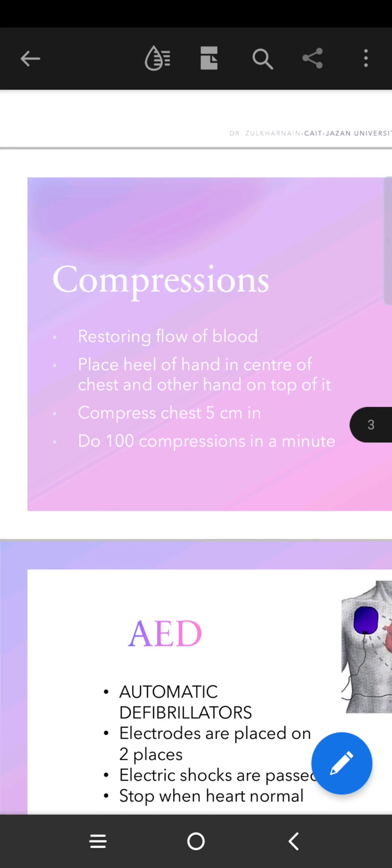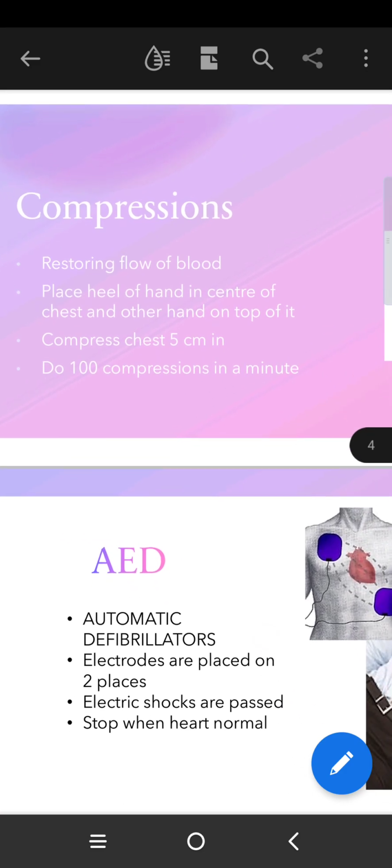So what is compressions? Restoring flow of blood. And how do you do it? By keeping the heel of the hand on the chest and pressing that deep, 5 centimeters. In this way 100 compressions should be done, so that the patient can get blood flow to the heart. So this is how compressions can be done.